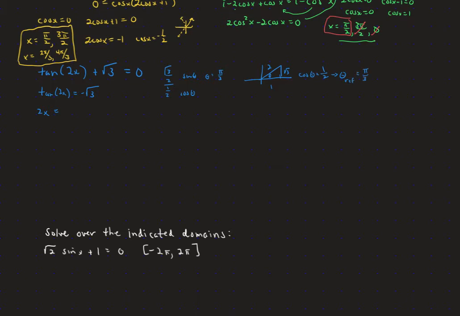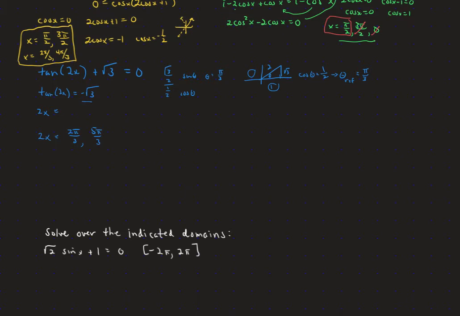Now, tangent is negative in quadrants 2 and 4. So with a reference angle of pi over 3, that's going to be 2 pi over 3 and 5 pi over 3.